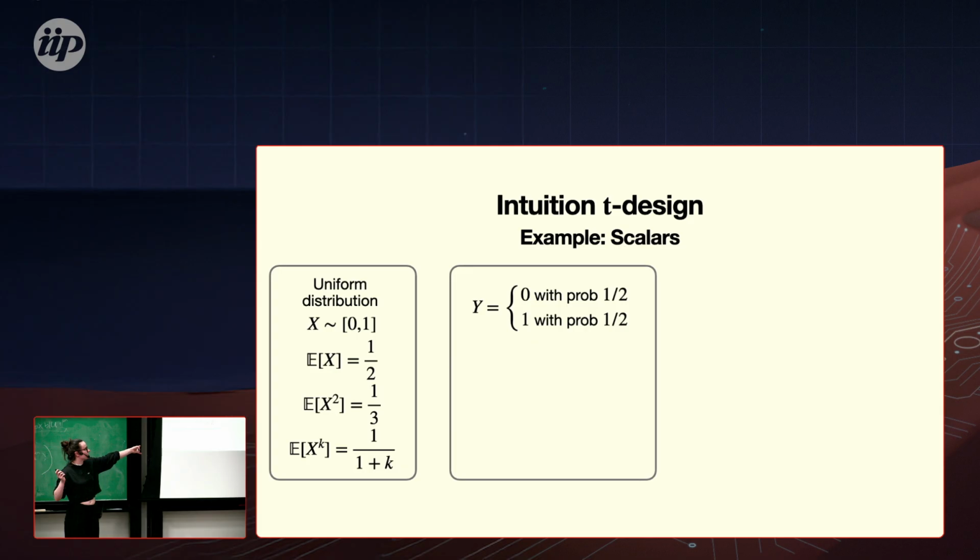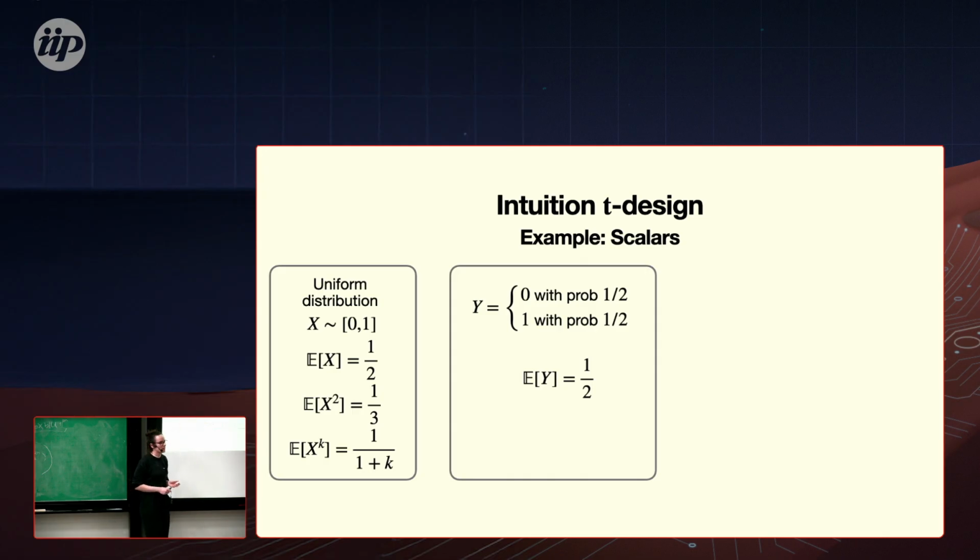One way of comparing two distributions is looking at their moments. For example, I have a very easy distribution. With the probability of 1/2, I get a 0, and with probability of 1/2, I get a 1. What is the first moment of that? 1/2, 0.5, very good. The expected value is 1/2 times 0 plus 1/2 times 1. That's 1/2.